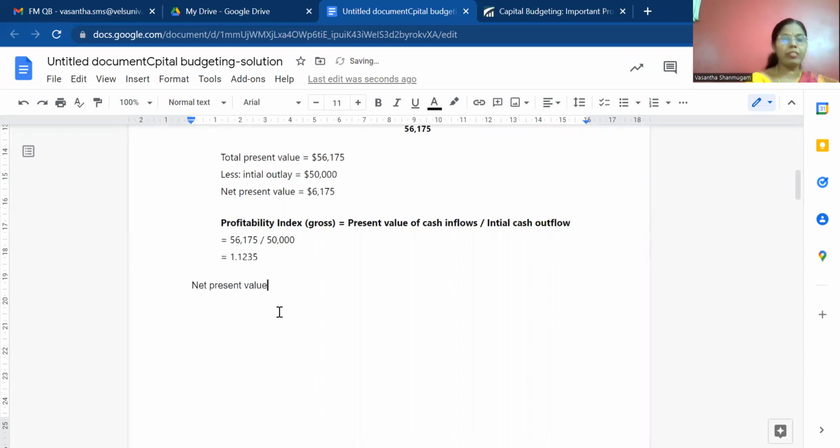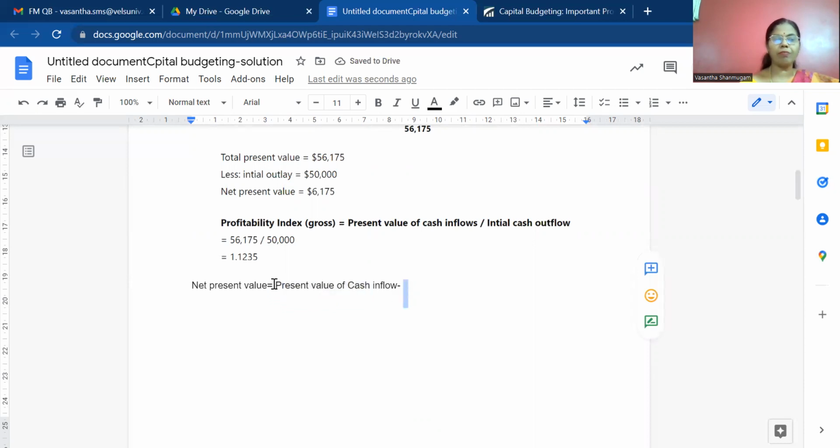The formula is present value of cash inflow minus present value of cash outflow.